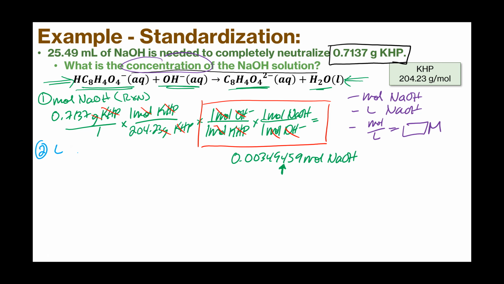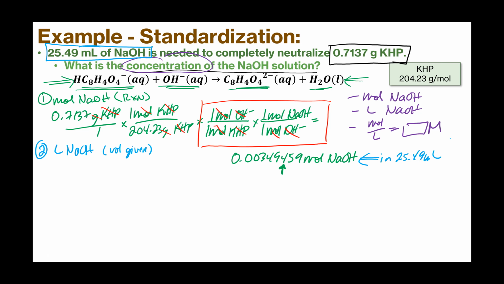All right. Let's now figure out liters of sodium hydroxide. Okay. This is the volume that was given. Okay. This is how much hydroxide we needed to do the reaction. So all of this moles is in 25.49 milliliters.